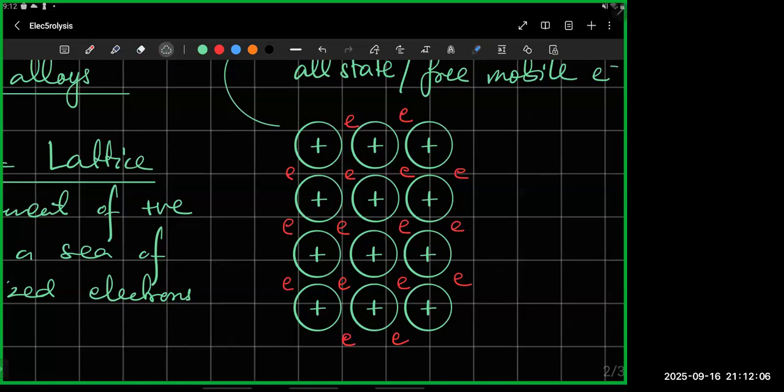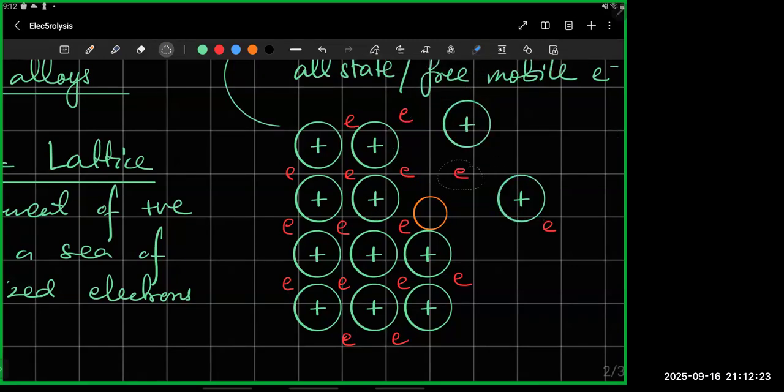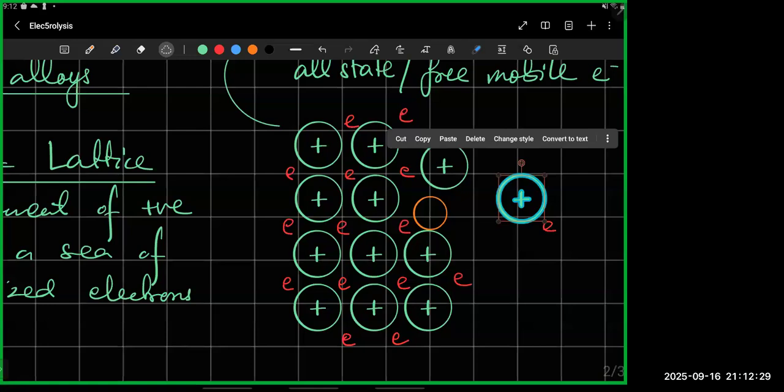That's it. The only thing I'm going to do is replace one ion and add an impurity, which may have a smaller size. If that is the case, the structure over here will become slightly irregular.